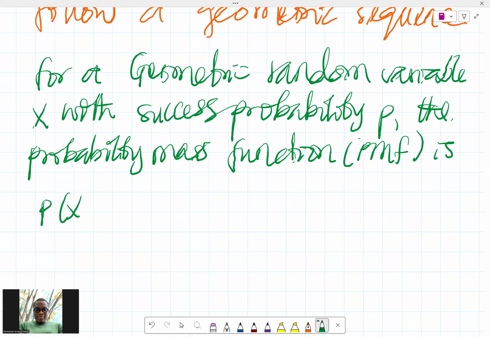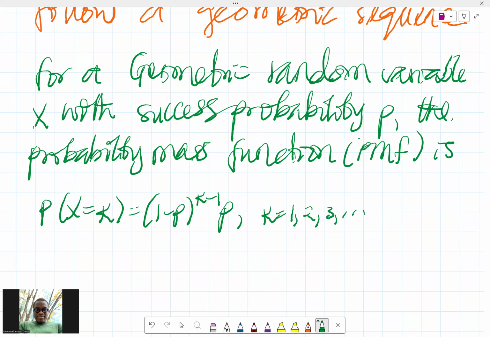the probability that X is equal to k is actually (1 minus p) raised to k minus 1, multiplied by p. Okay, here k is from 1 to 2, 3 and so on and so forth. And we generally know that to get the probability generating function, all we need is this p.